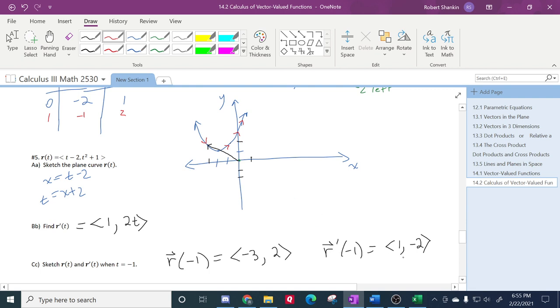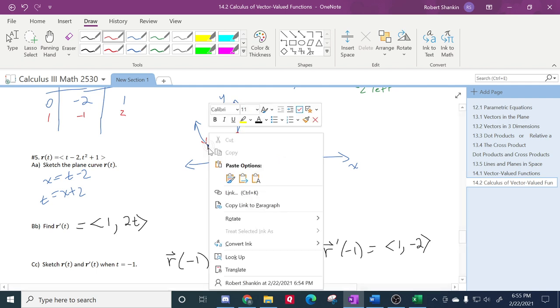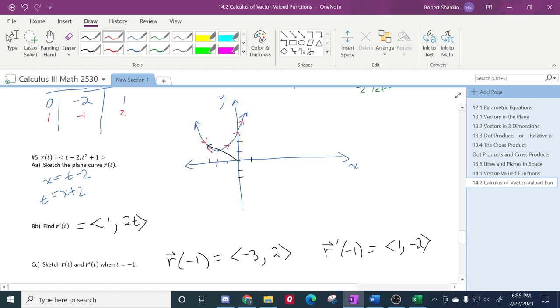But the derivative tells us the direction that we're going and the speed. The magnitude of this vector tells us its speed. And this should be emanating from this point itself. And we go 1 over, 2 down, and we get this vector right here. And notice that that is tangent to the curve.